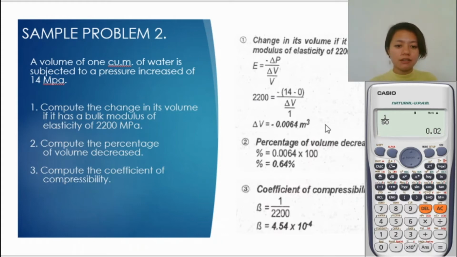So, going back to our formula, the bulk modulus of elasticity is the change in pressure over the change in volume over volume. The pressure goes from 0 to 14 megapascals, so again negative. The initial is 0, so let's input the final, 14 megapascals minus 0.